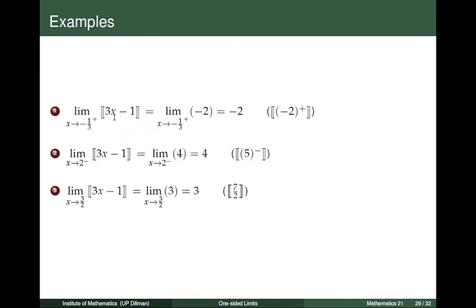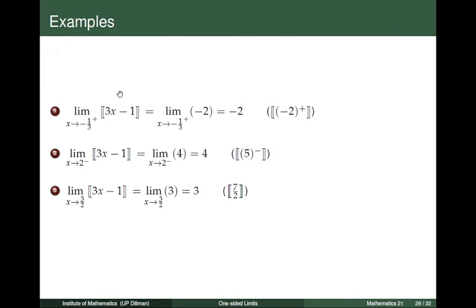Alright? Now, we need to decide whether this negative 2 here is negative 2 plus or negative 2 minus. Alright? So, negative 1 over 3 plus, we need to consider numbers that are very, very close to negative 1 over 3 but greater than negative 1 over 3. So actually, when you compute for 3x minus 1 using numbers that are very, very close to negative 1/3 but greater than negative 1/3, what we will get is a number that is very, very close to negative 2 but greater than negative 2.